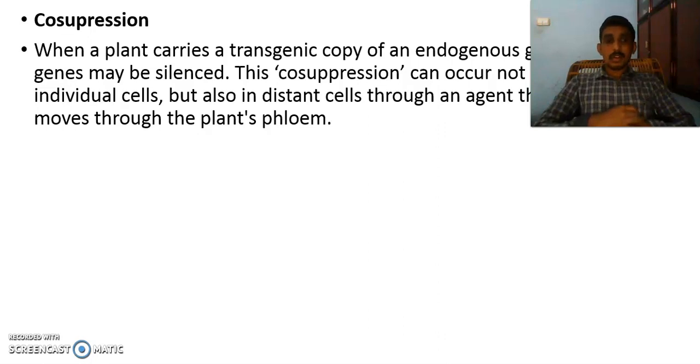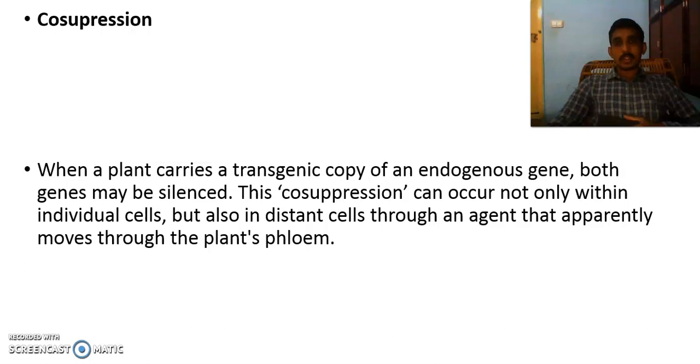Next, we'll study what is co-suppression. I already told you the process of co-suppression. Here you can see the process of co-suppression. That is, when a plant carries a transgenic copy of an endogenous gene, that is a gene within the plant cell, then both the genes get silenced.